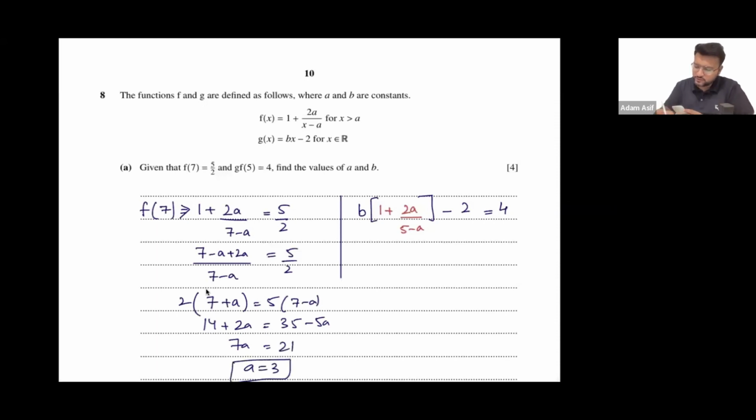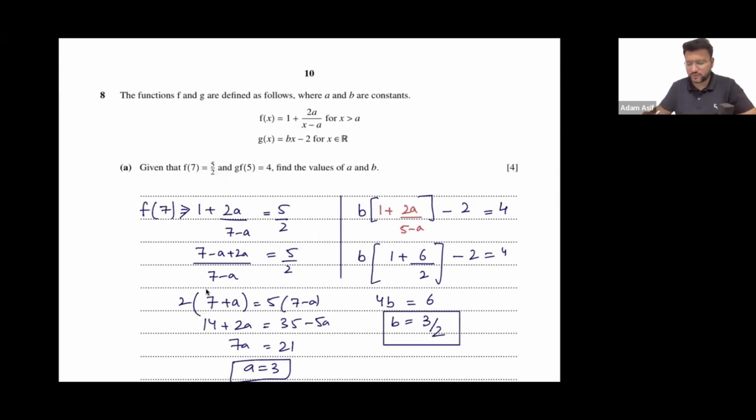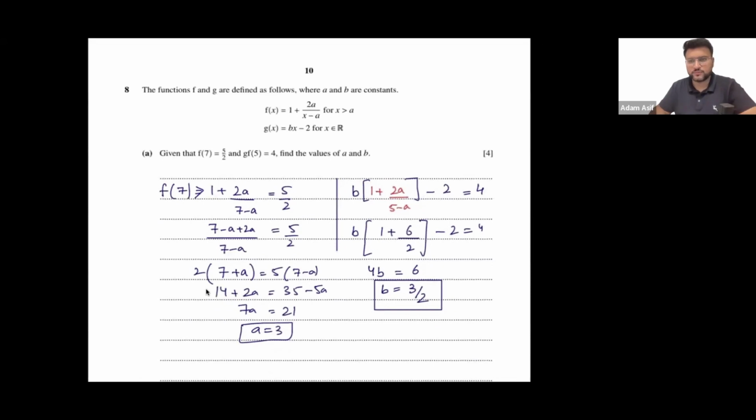When a is 3, let's figure out what b would be. 1 plus 6 upon 2. That's 4b equals to 6. And b comes out to be 6 upon 4. That's 3 upon 2. So we have the values of a and b. So it was just a question on solving simultaneously.